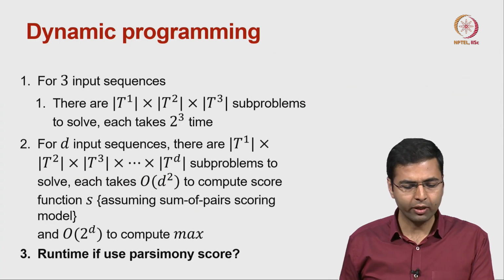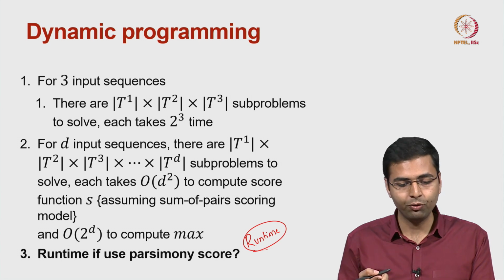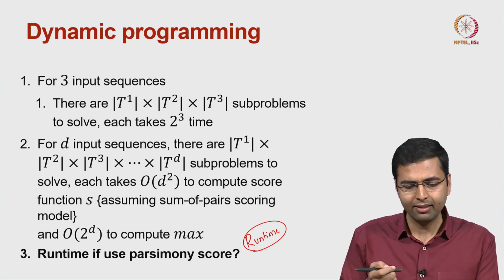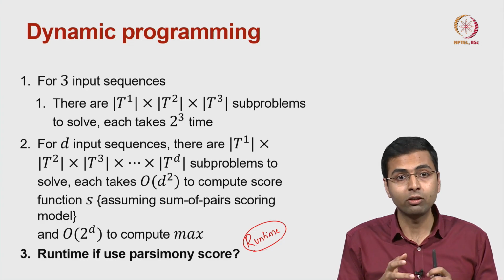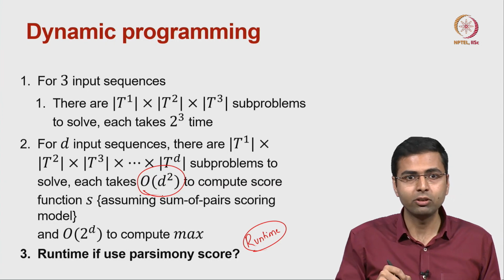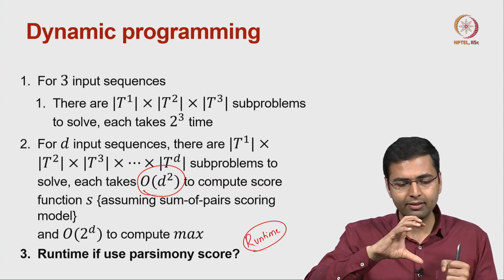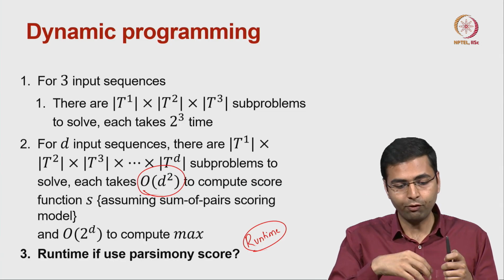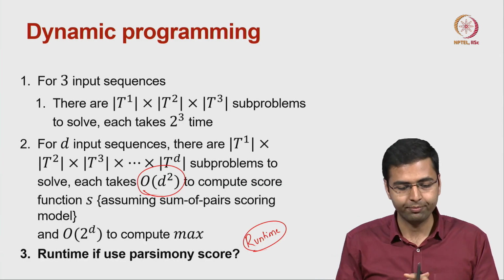So what would be the run time if we use parsimony score? I will leave this as an exercise for you. What you will notice is that if you recollect the time that we were spending to solve the small parsimony problem, this factor will reduce, because instead of considering all pairs of characters, now you have to solve the small parsimony problem and take the edges of the tree into account.